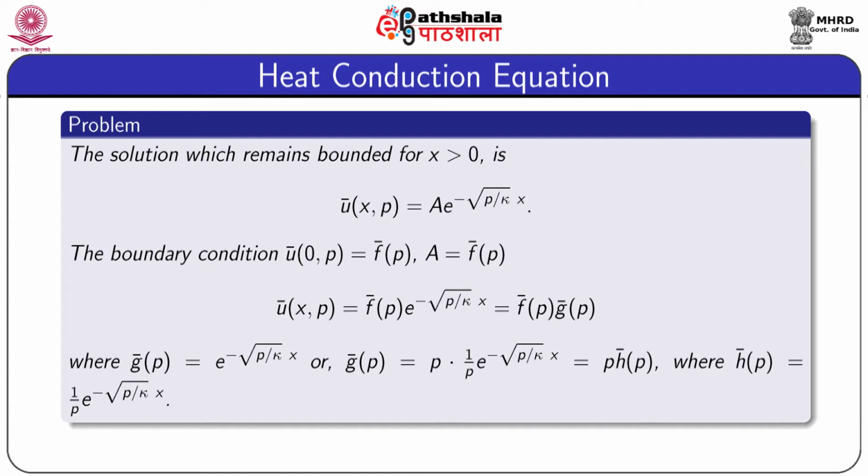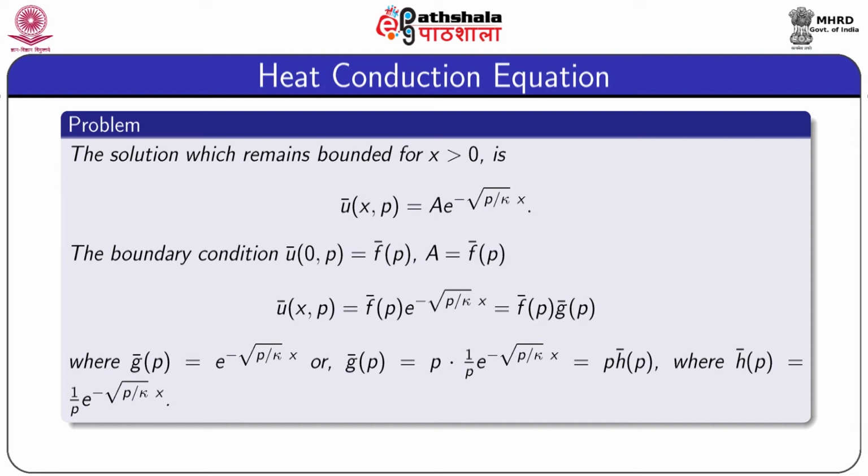Therefore, the solution becomes u bar (x,p) equals A e to the power minus square root p by kappa into x. We also have the boundary condition u bar (0,p) equals f bar p.